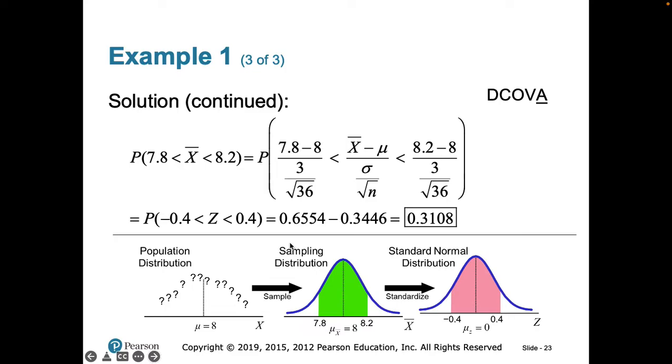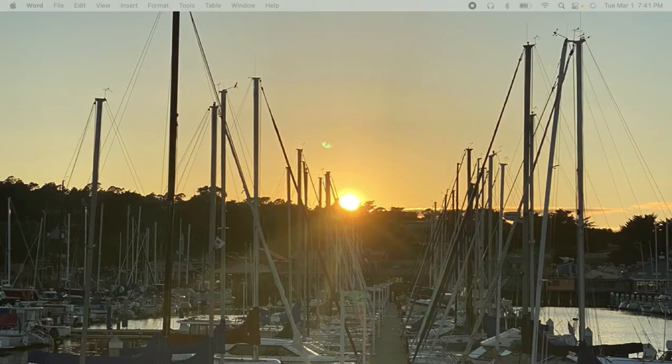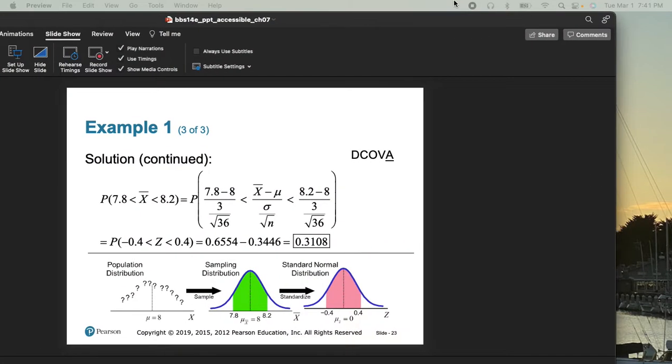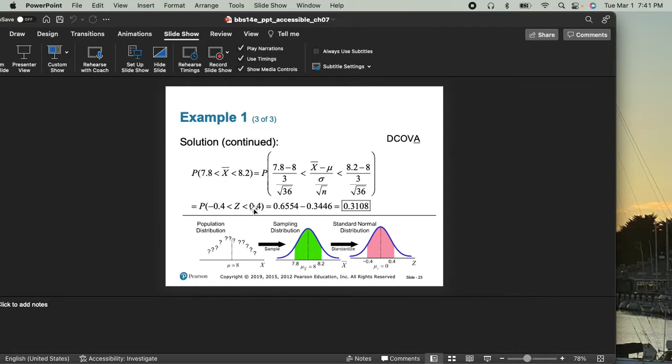So let me get our Z table to show you where those values are coming from. Okay, so here is our Z table, right? And we are saying we are interested in the values that are to the left of 0.4, right? Here is our 0.4.